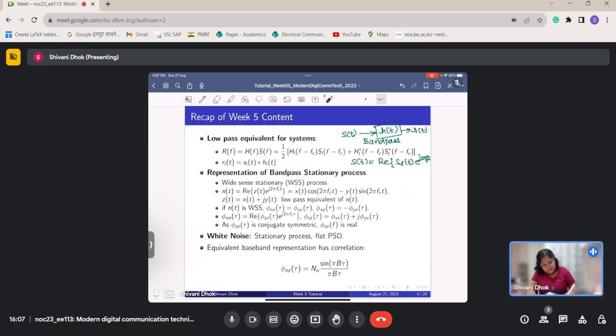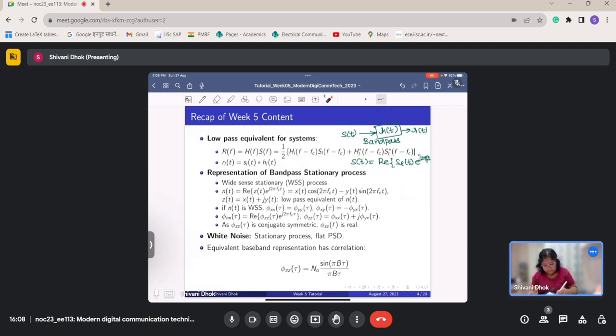As this is an LTI system, linear and time invariant, this r(t) is simply the convolution of s(t) and h(t), which means that in frequency domain, R(f) is the multiplication of the Fourier transform of the impulse response with the Fourier transform of the signal. After simplifying a lot, in terms of H_l(f) and S_l(f), it comes out something like this.